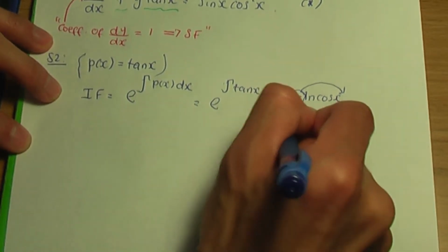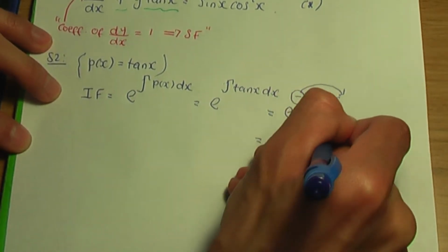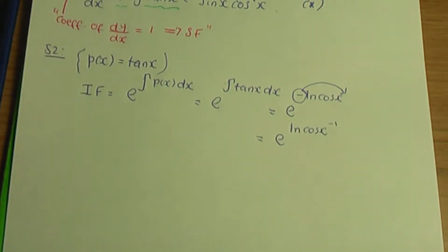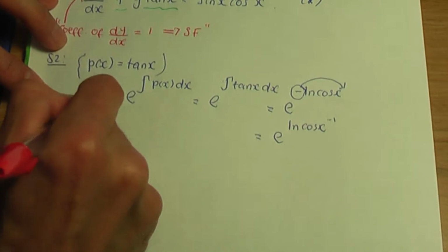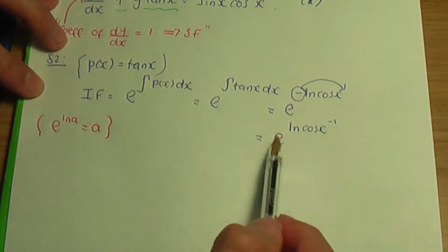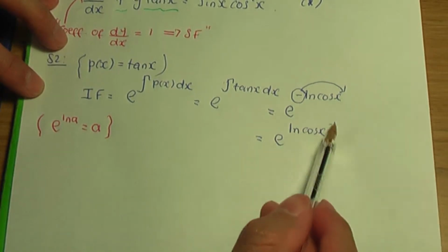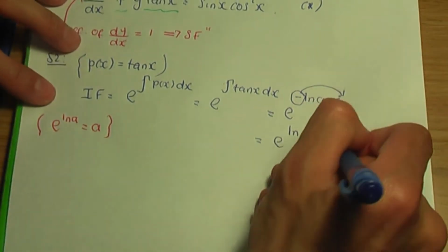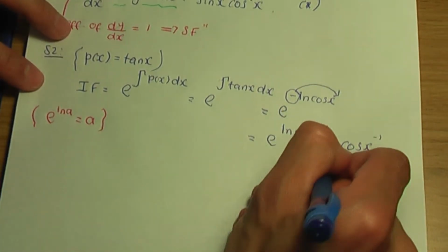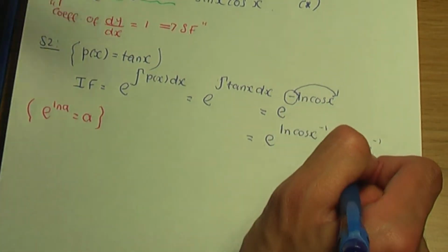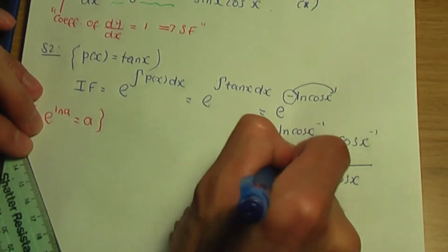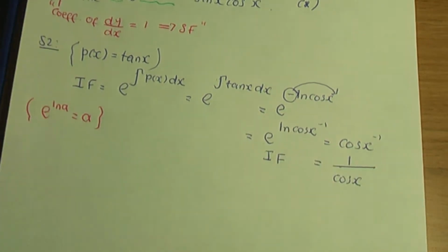So I can write this as e to the ln cos x to the power of minus 1. And remember the result from the screenshot. Since e to the ln a is a, that would make e to the ln cos x to the minus 1 cos x to the power minus 1. And cos x to the power minus 1 is the same as 1 over cos x. So that should be IF, the integrating factor.